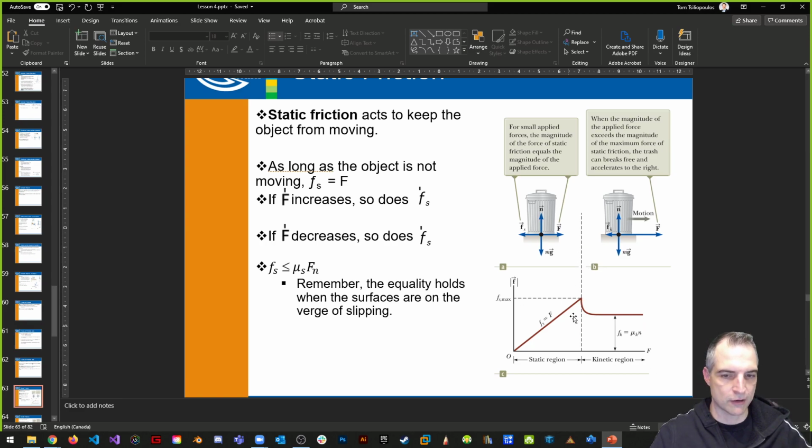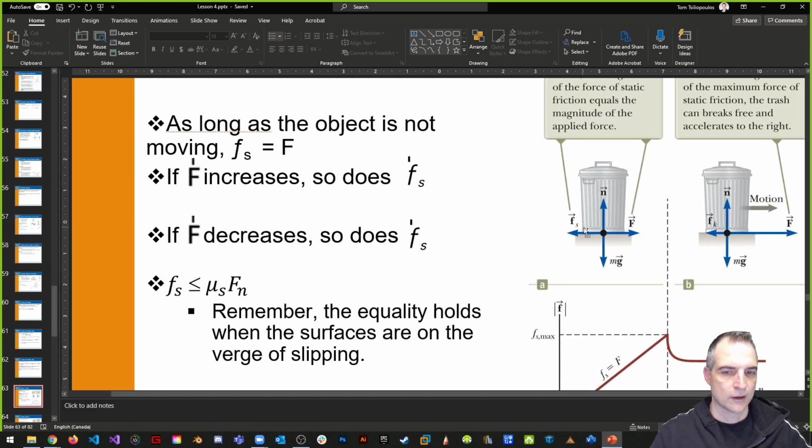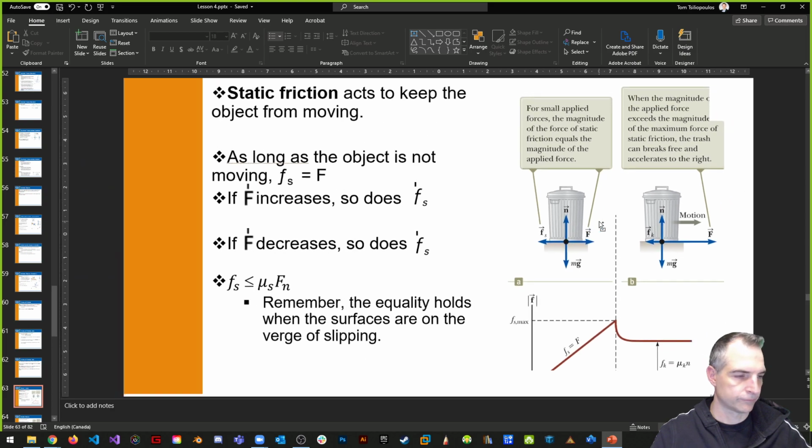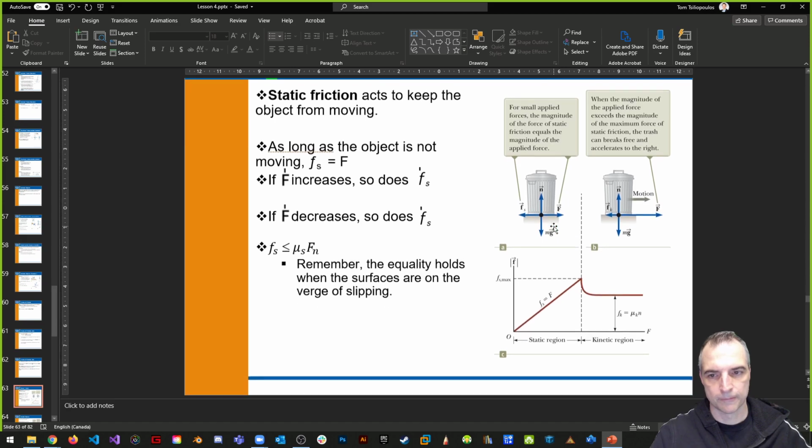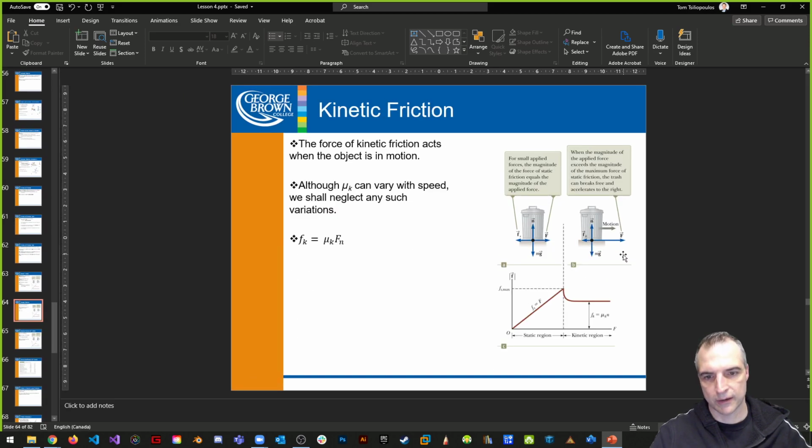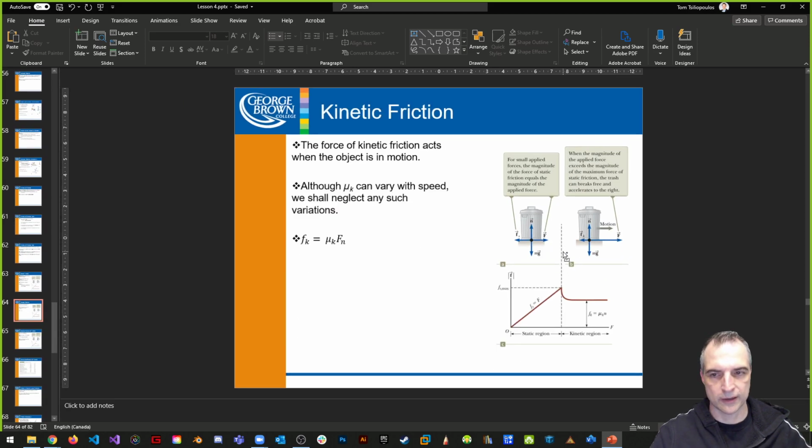So static region's here, kinetic region's here. So when I start moving, notice that it switches. First we start off with the static force of friction, and then we move to a kinetic force of friction. We have a table that is going to show us what that is.